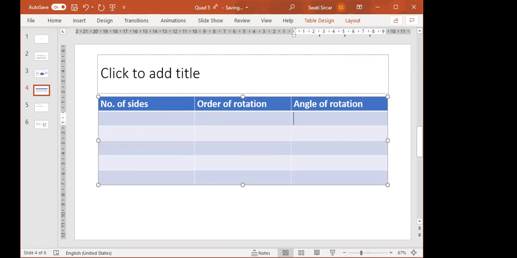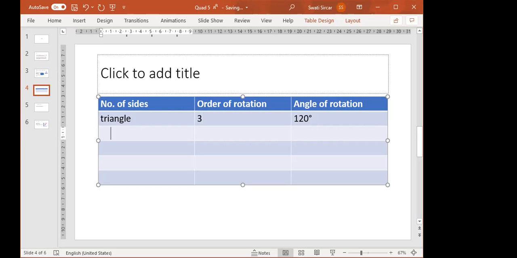Now, when it is a triangle, you get 120-degree and you get 3.